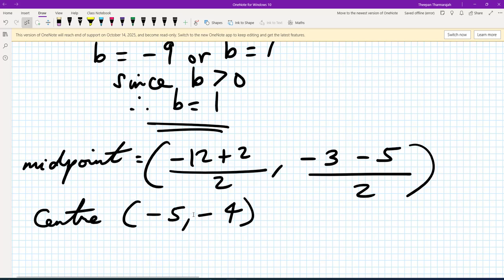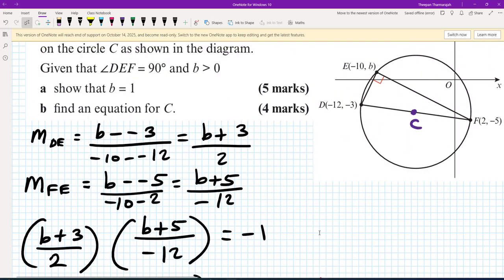Now what we want to do is work out the radius of the circle. So I'm going to go from here to there and say that's r. So we want to find r squared. So F is (2, -5), and we've got the center.